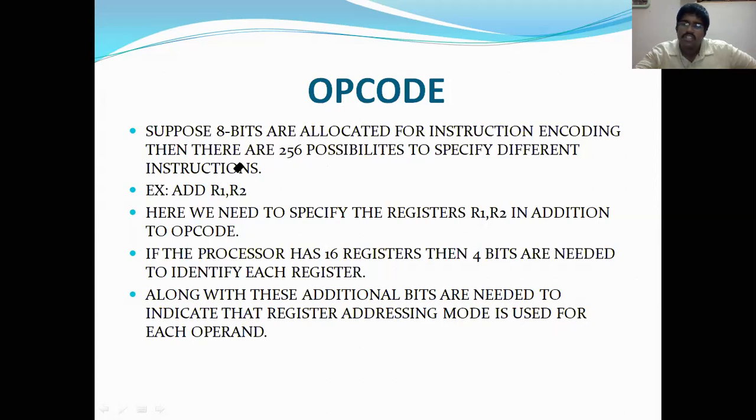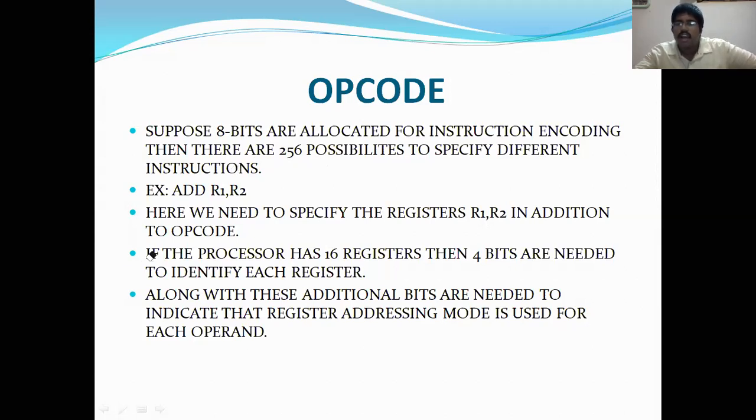If it is 16-bit, I can have 2 power 16. 2 power 10 is 1 KB, 2 power 16 is 64 KB. That means I can develop 64 K different opcodes. That's what has been mentioned.